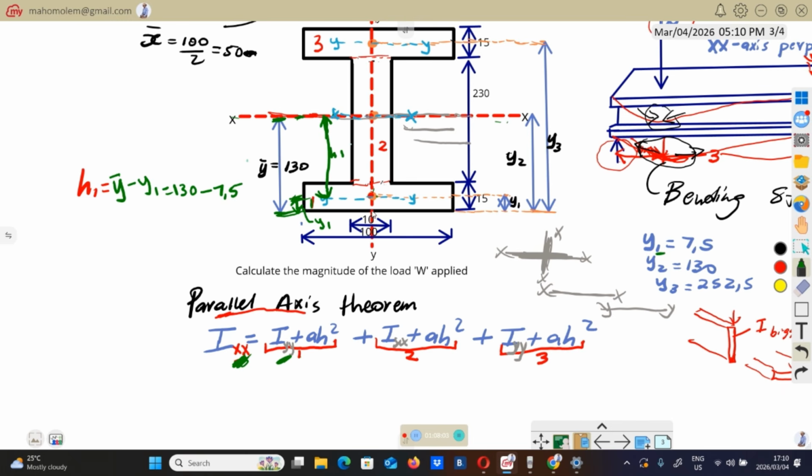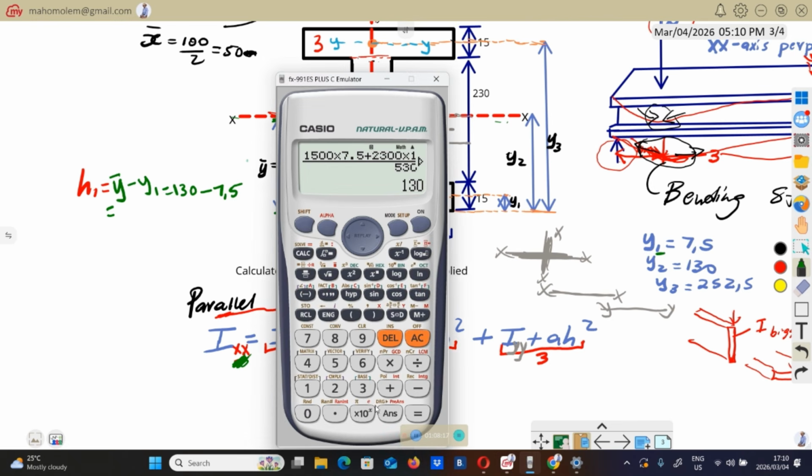So y1 is the distance from here to the center. So that's how you'll calculate h1. So 130 minus 7.5 is 122.5.